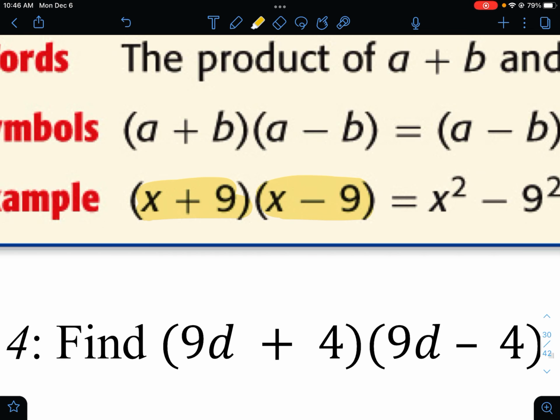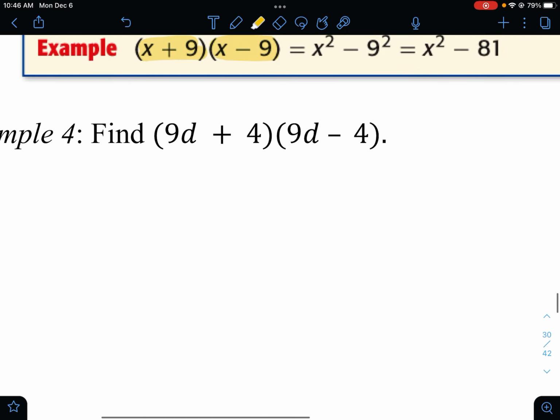Your middle two terms that we typically combine together will eliminate each other because one of them will be positive, one of them will be negative, and when you combine them, you're going to end up getting 0. That's difference of squares, okay? Again, not something you need to memorize. Once you do this enough, you'll just start to realize, oh yeah, that's difference of squares. These middle two terms are going to cancel. I pretty much square the first term, square the last term, put subtraction in the middle. Okay, but I'm going to go through the process. That way you can see what happens and that they cancel.